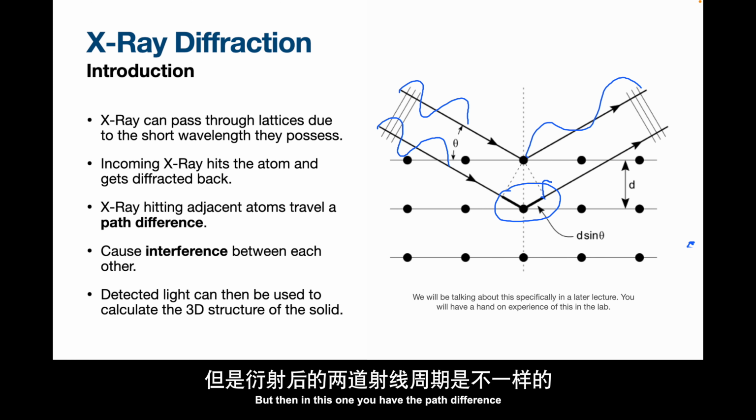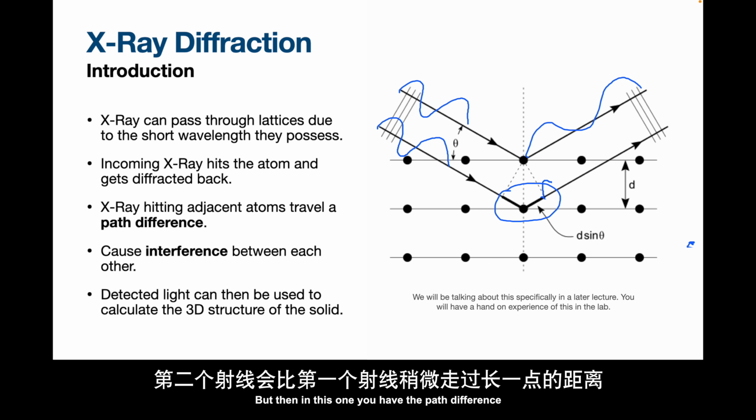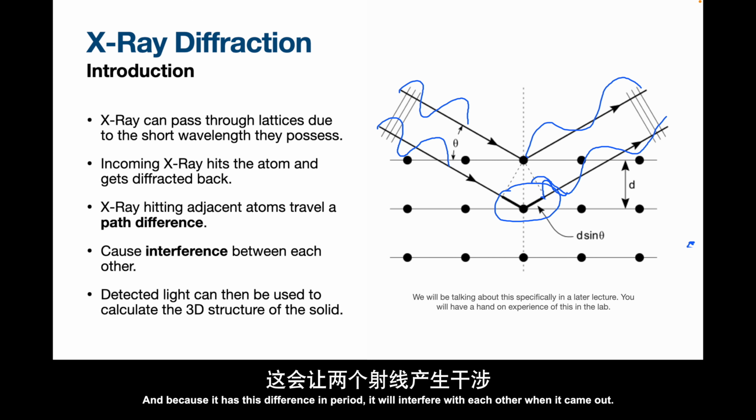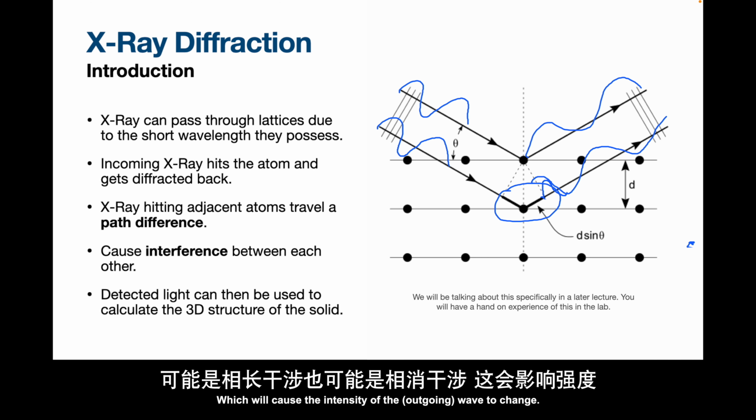But here you have a path difference, because you can see in the picture that the second ray travels slightly longer than the first ray. That shifts the phase of the incoming X-ray, and because it has a different phase, the rays will interfere with each other when they come out, which will cause the intensity of the wave to change.